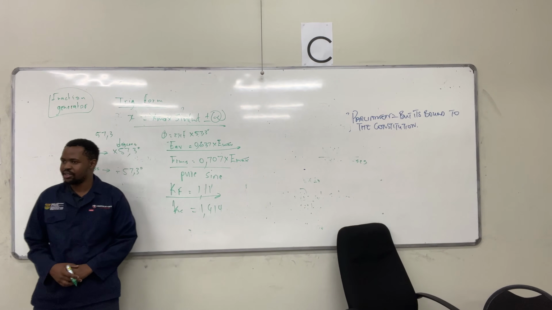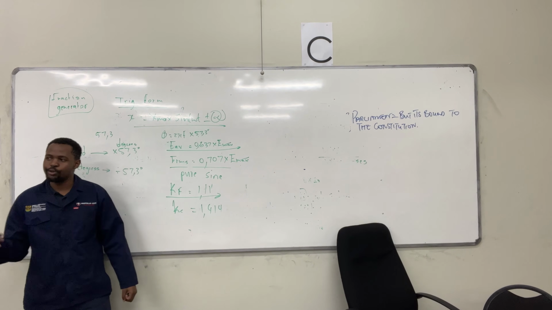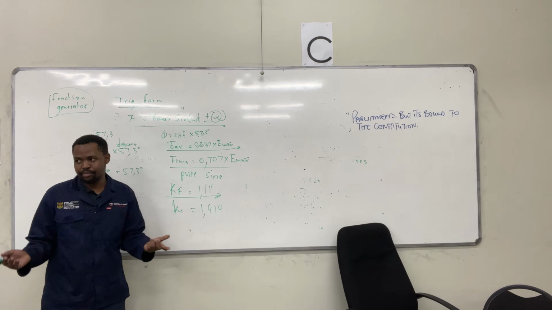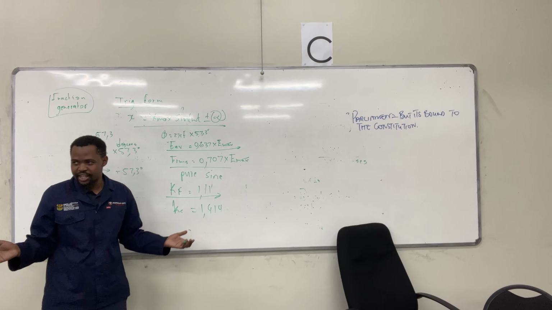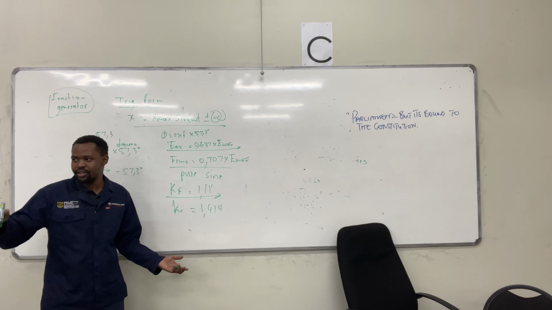These things, form factor and crest factor, are mostly important in electronics. I don't know whether I'm mistaken, but you would find that the form factor of a square wave is perhaps 1.